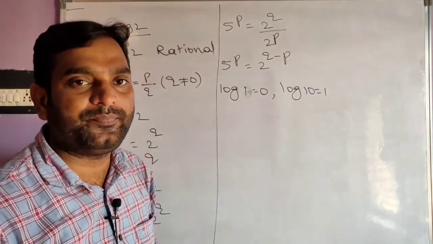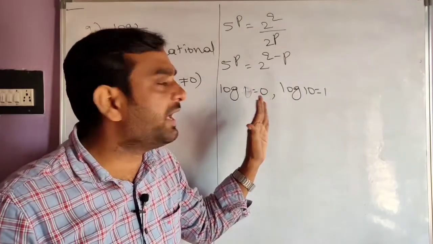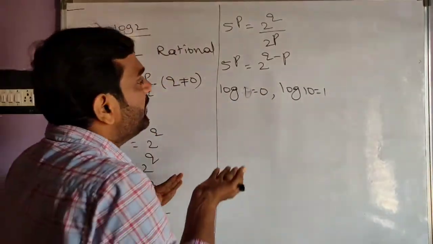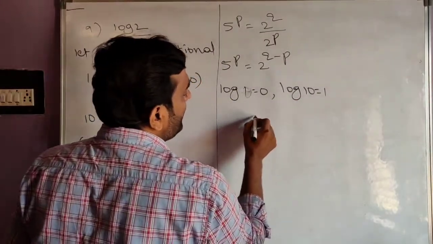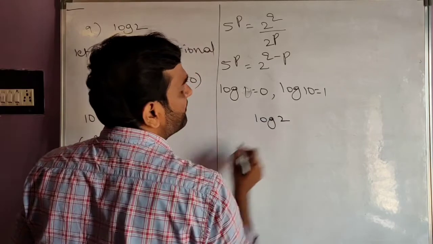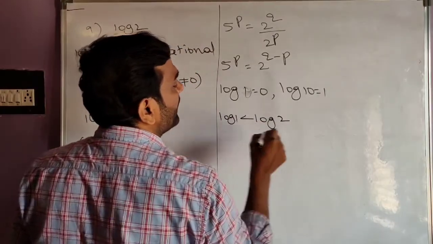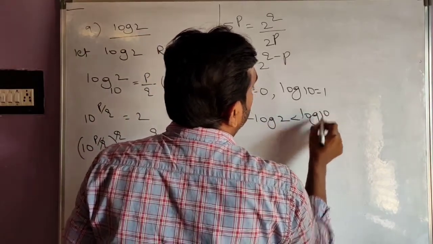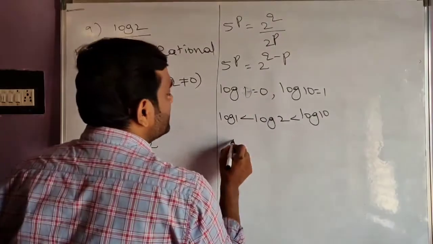From log 1 to log 10, the value of log is gradually increasing. So log 2 is greater than log 1 and less than log 10.